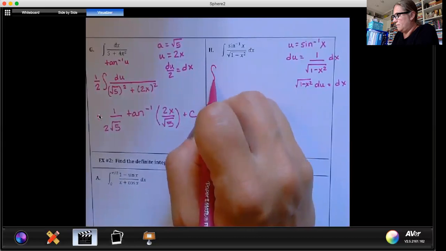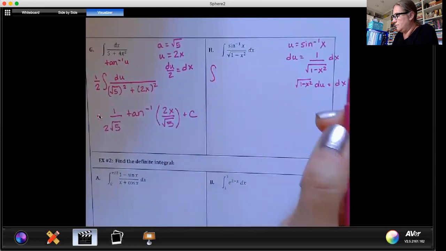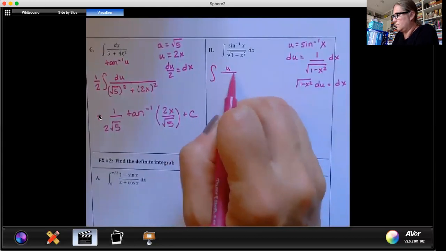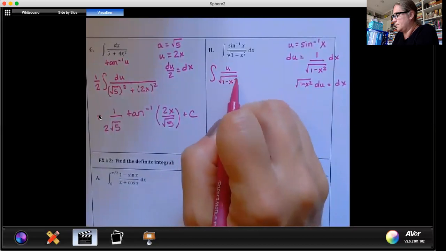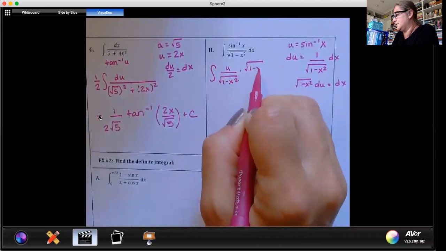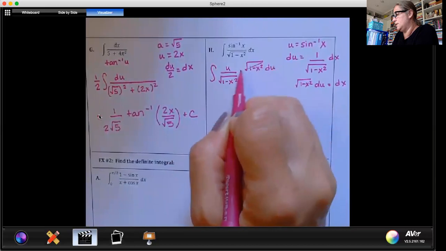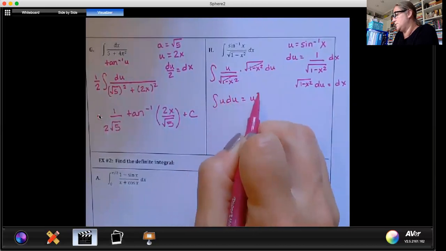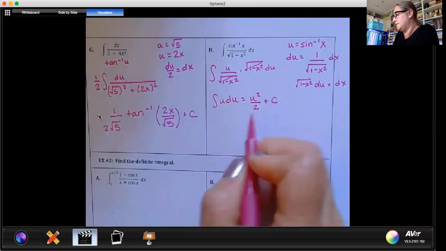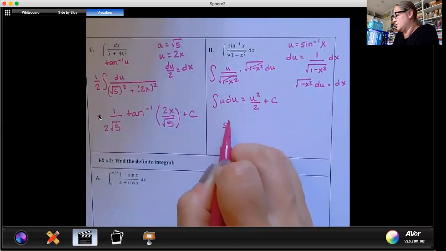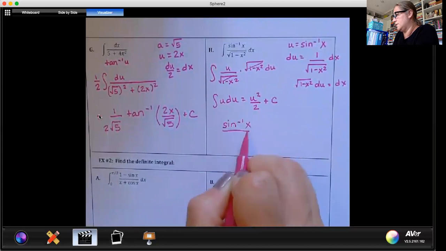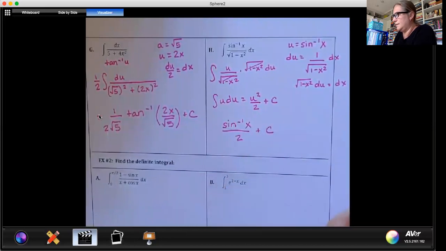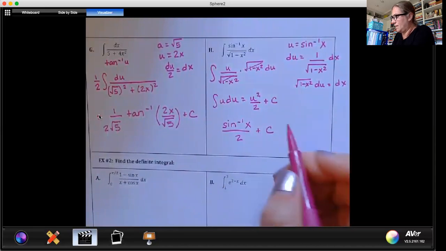So we have the antiderivative of u over square root 1 minus x squared times square root 1 minus x squared du. Cancel. Antiderivative of u du is u squared over 2 plus C. So inverse sine of x over 2 plus C, and that's squared.